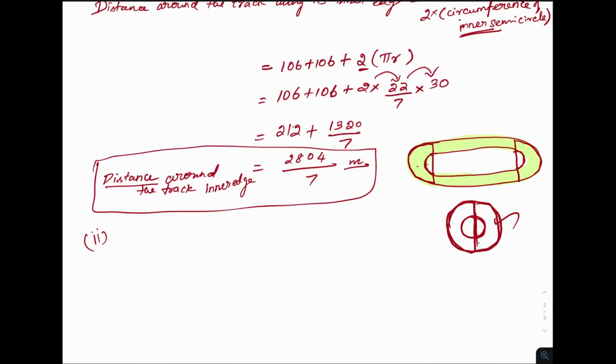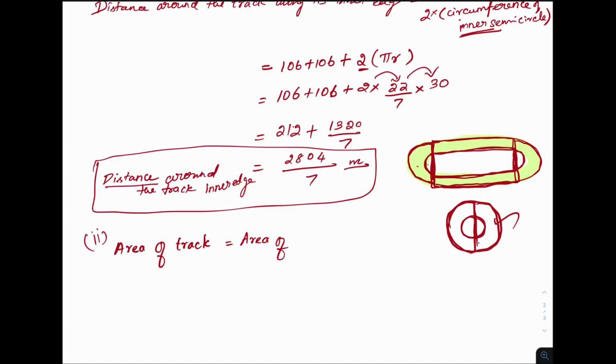So what is the remaining? Here we have a rectangle and an outer rectangle. So this is what we need to find. Okay, now we'll write the area of track is equal to the area of this rectangle.